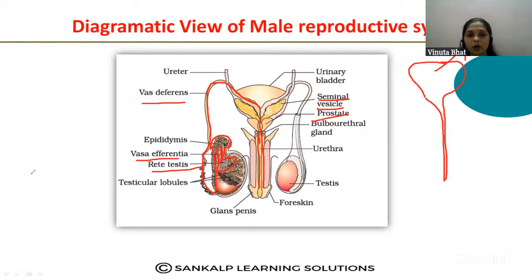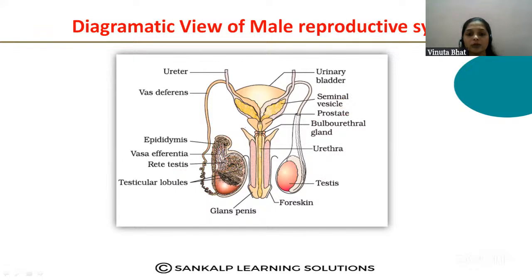Okay, so now what you should learn: how the sperms are produced, where the sperms are produced, and how they are transferred in the accessory ducts and into the external genitalia.